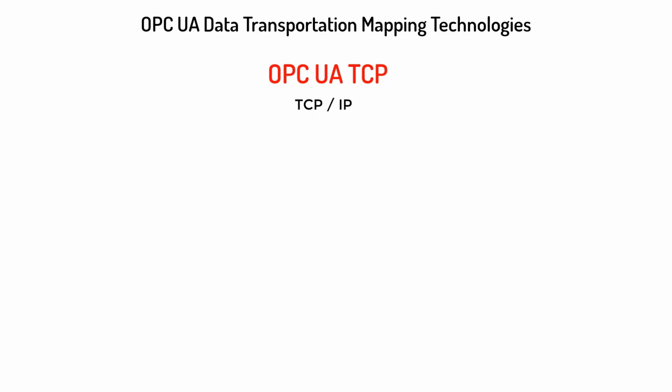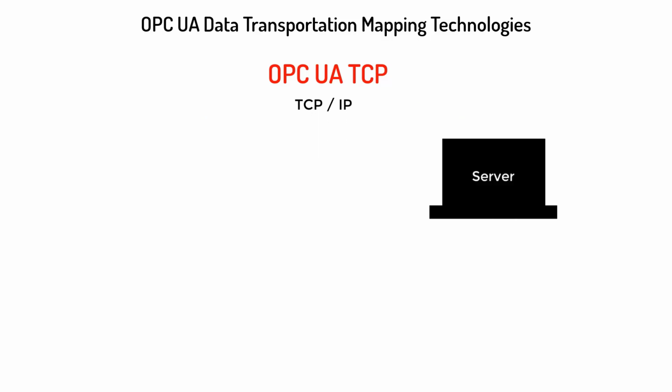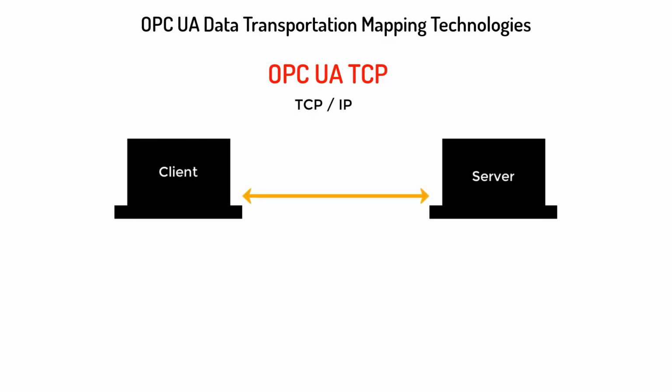Now, if you're not familiar with TCP IP, it is basically a two-way communication link with one endpoint of that link having a piece of software whose job is to establish a bidirectional communication link between client and server applications. That piece of software is called a socket, and it is bound to a specific port number, allowing the server application to just wait listening to that port number in case a client makes a connection request.